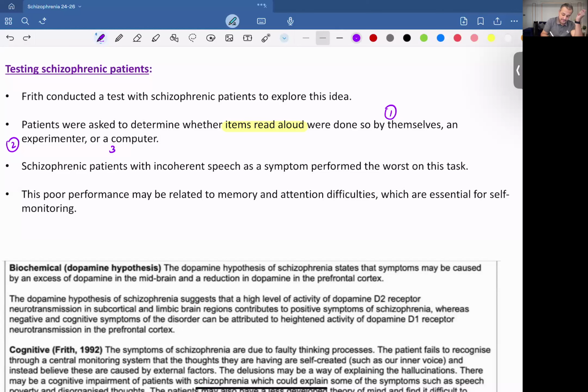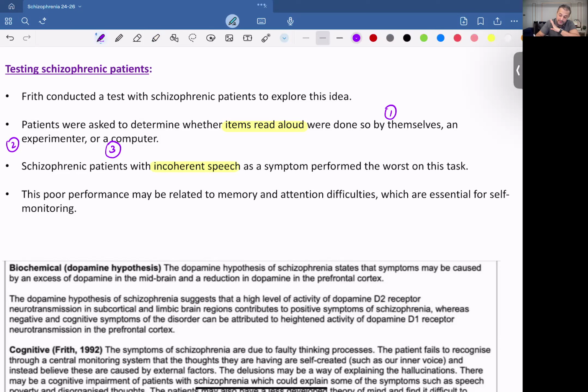So certain items were read aloud, and patients were asked if it was them reading out those items, the experimenter, or the computer. Schizophrenic patients with incoherent speech, which is a symptom, performed the worst on this task.